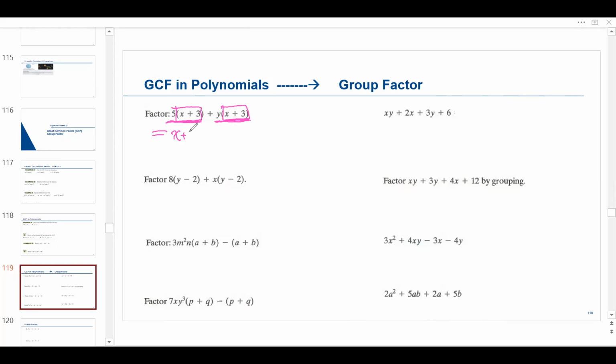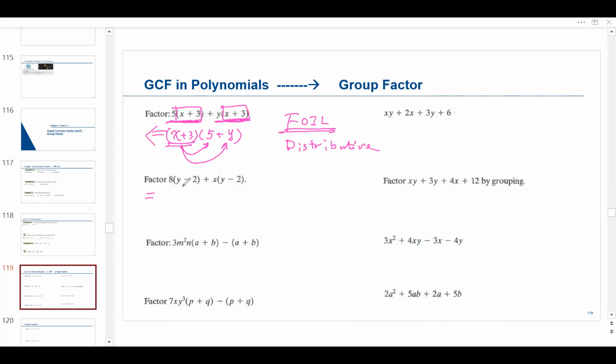So we can take it out first, times 5 plus 1. Earlier when you did the FOIL method or the distributing method, you considered this as one term, distributed it here first, and then distributed it here. Did you see? It's exactly backward, the reverse process.